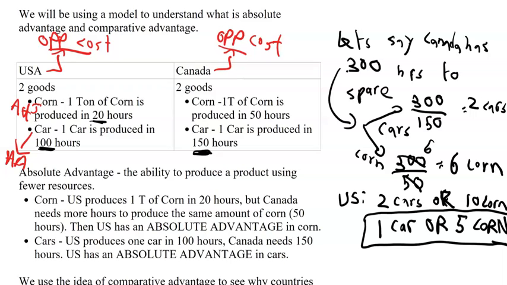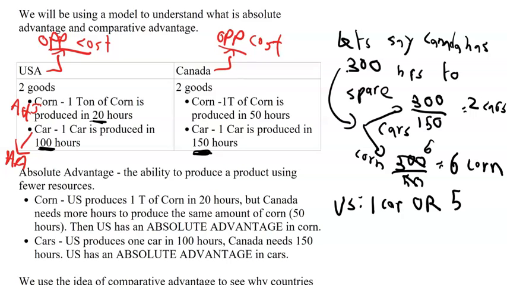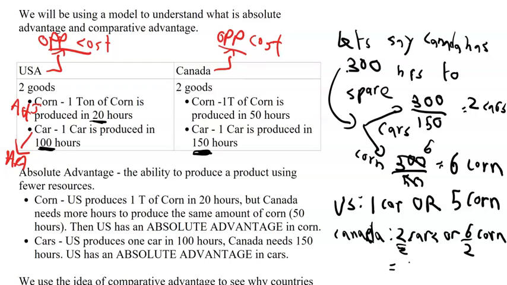So in Canada, let me actually write it nicer. So here we can see that US had 1 car or 5 corn. Now in Canada, it's going to be 2 cars or 6 corn. Or in other words, if I simplify it, divide both sides by 2, it would be 1 car or 3 corn.